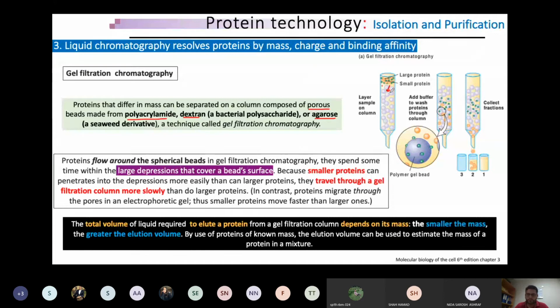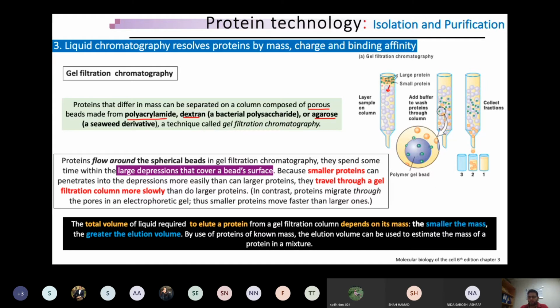So this is a type of interaction in which the small molecule is trapped in a hole. As a result, small molecules will not easily escape out of these pores, whereas the larger protein molecules will separate out quickly.